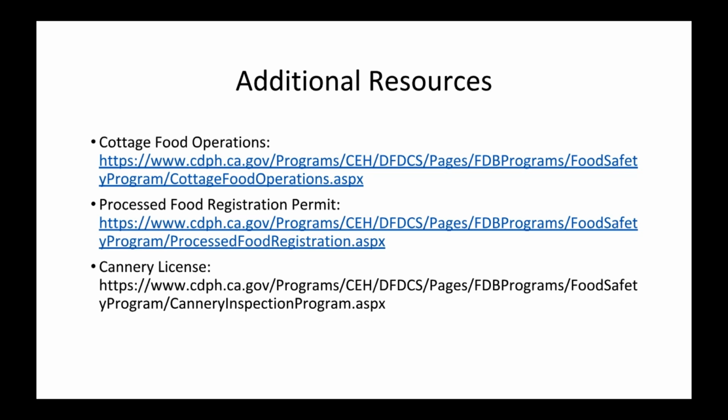They have information there on the processed food registration, some background information, and also links to all the forms that are required for filing for that PFR permit. And for the cannery license, there's some background information there, why they have this program to begin with, and also some links to forms and filings required for obtaining that cannery license in California.